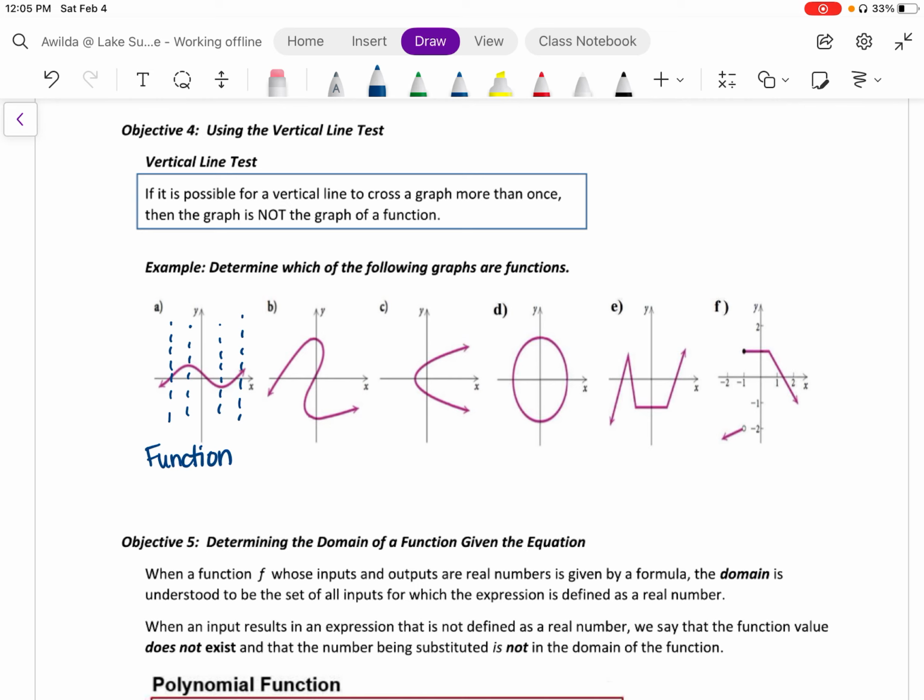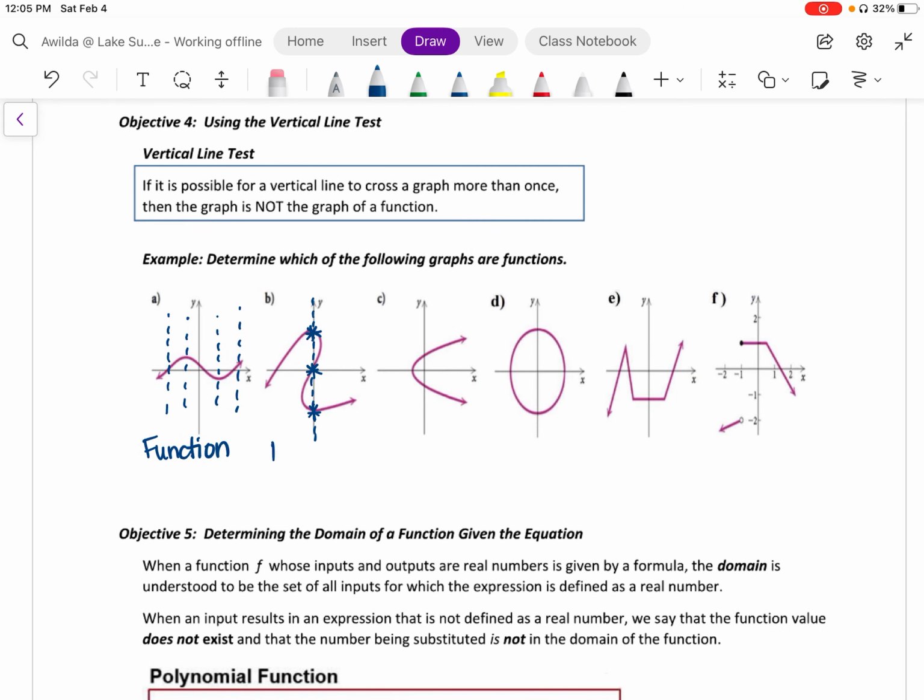In example B, however, I can easily find a vertical line that causes an issue. Here is 1 point, another, and even a third that all have the same x-coordinate of 0 and yet different y-coordinates. Because those points are vertically aligned, it fails the vertical line test, and therefore this relation is not a function.